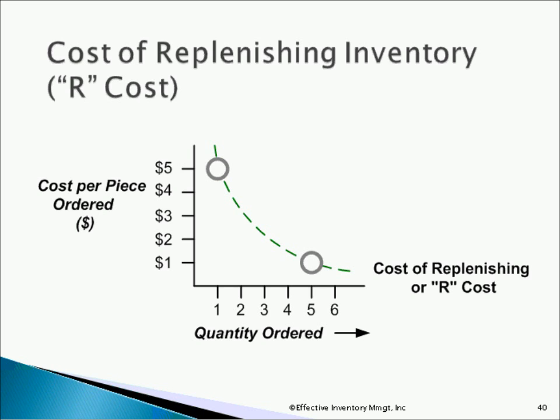In this example, I'm saying that it costs me $5 to issue a purchase order for a line item with a vendor. When I buy a product, it costs me $5 out of pocket. Now, typically, your cost of replenishing inventory is going to be somewhere between $5 and $6 per line item. We're going to use $5 in this example.